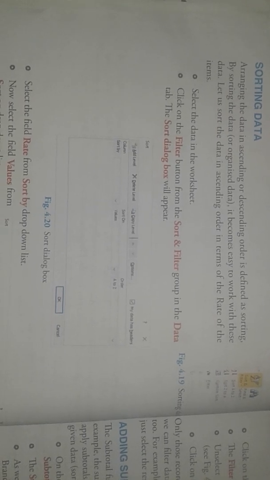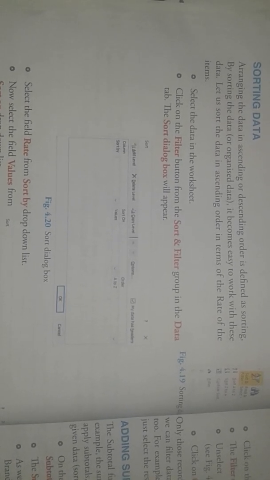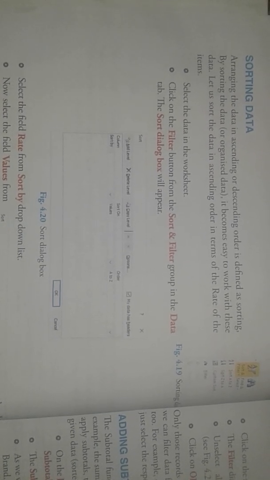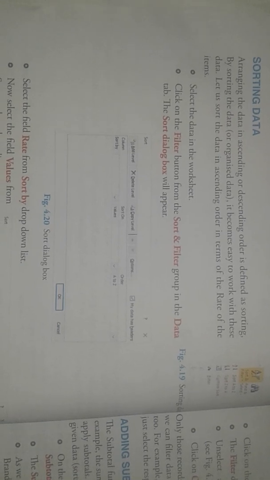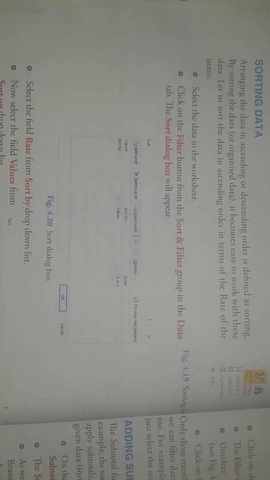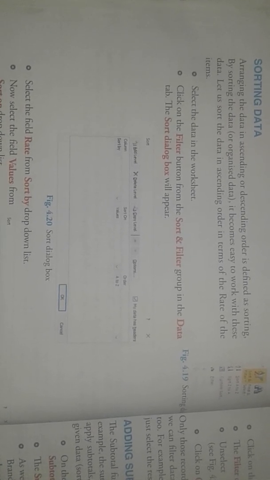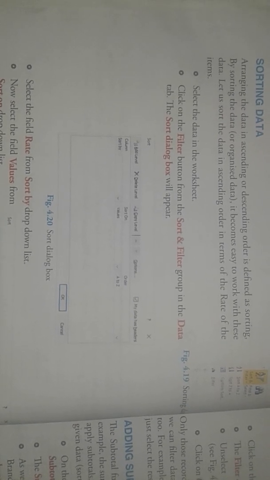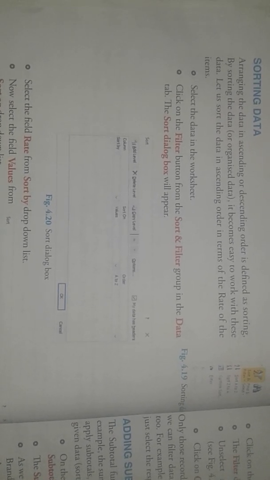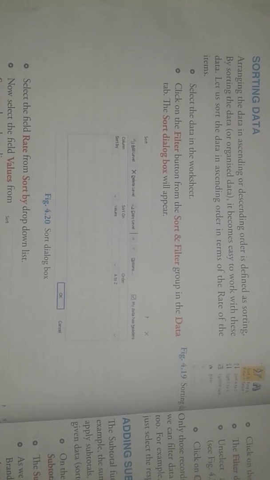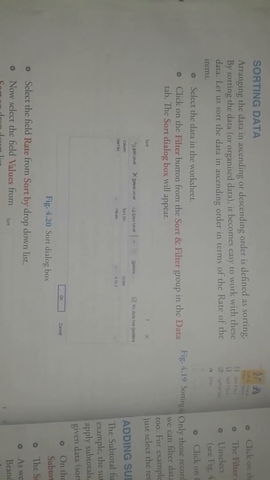The shortcut key is also there: Control plus Shift plus arrow key. The Sort dialog box will appear. Select the field Rate from the Sort by drop down list. Now select the field values from the Sort On drop down list. From the Order drop down list, the order Smallest to Largest is already set by default. Click on OK. Now the data will be arranged in ascending order on the basis of the field Rate.